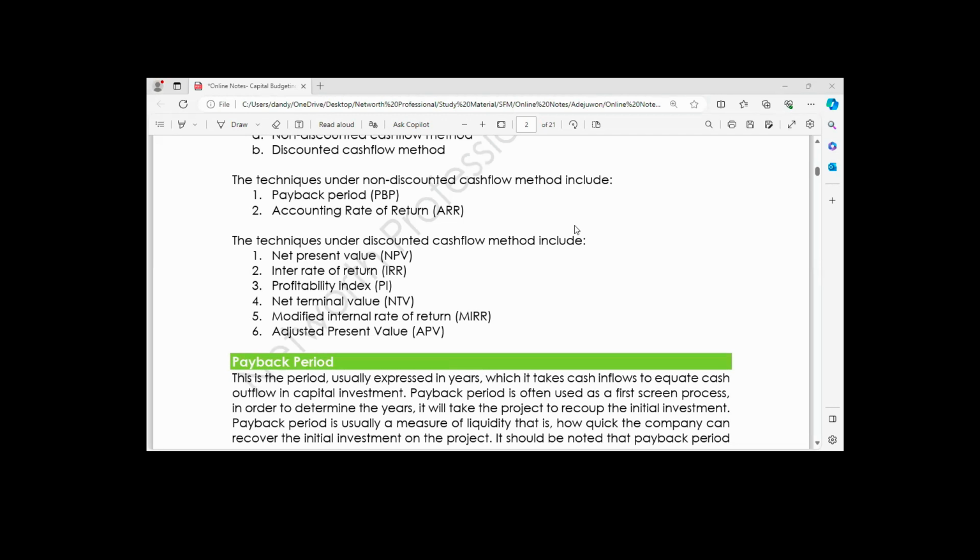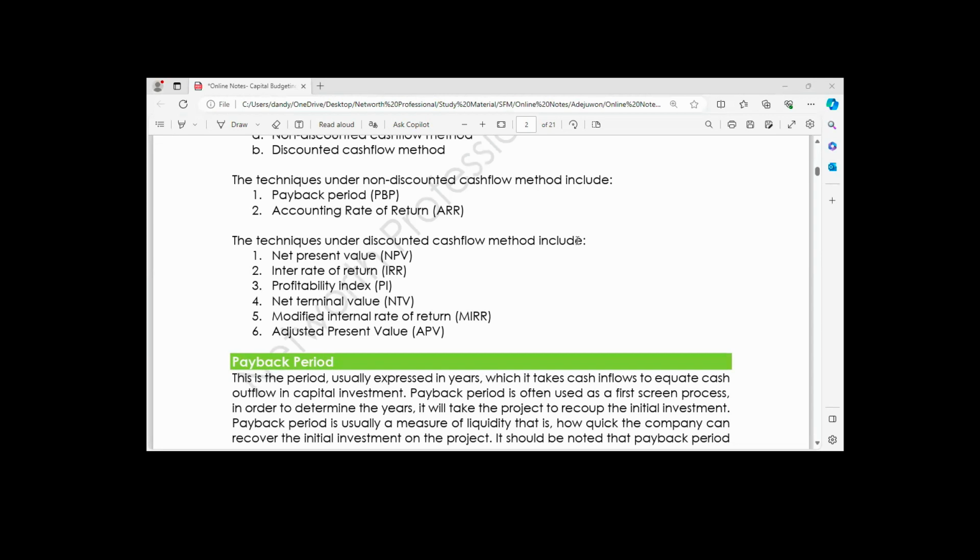Once the project is positive, it means the value of the business will increase. If the value of the business increases, then the wealth of the owner will also increase. That is one reason why NPV is adjudged to be the overall investment appraisal technique, because it is consistent with the shareholders' wealth maximization objective.